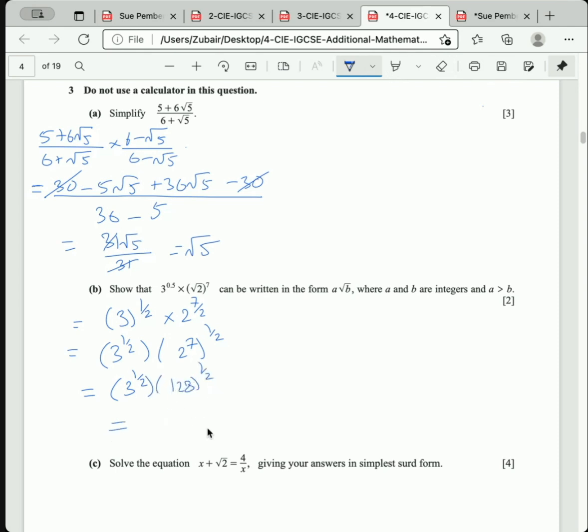So collecting the powers, 128 into 3 is 384. Without using calculator.